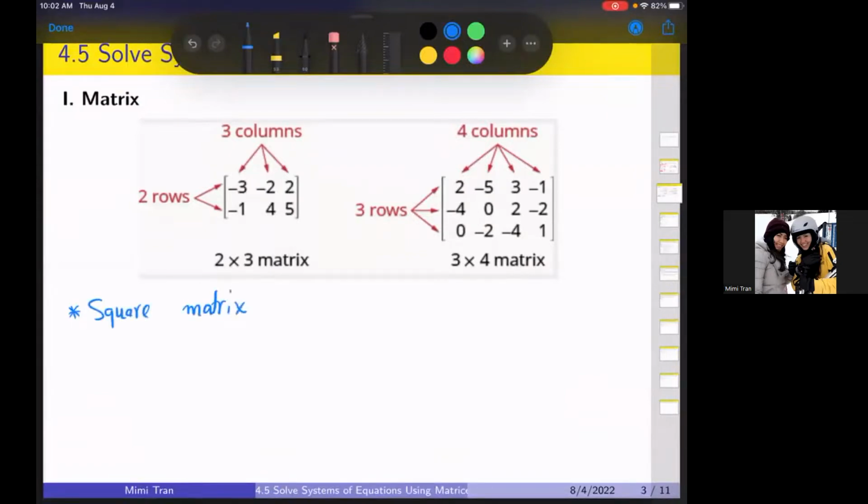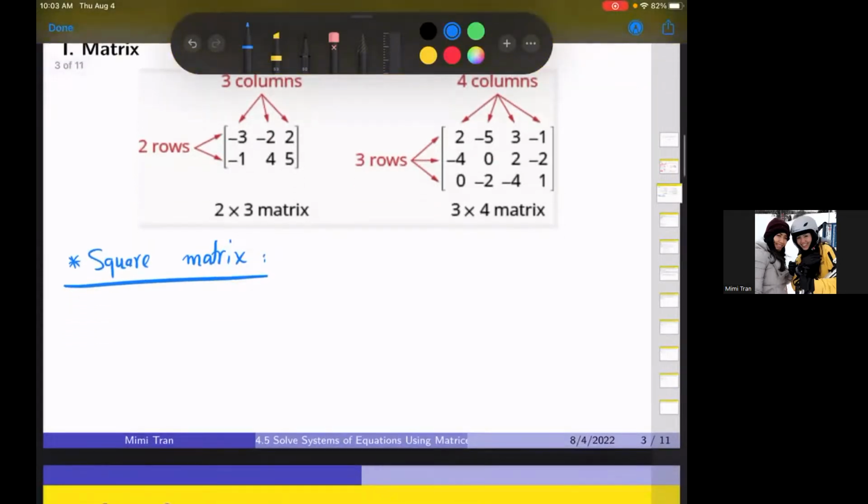If you have something that is not symmetric like these two, 2 by 3 and 3 by 4, usually you don't do much with them. But a square matrix is very helpful. A lot of properties of matrices require you to have a square matrix. What does square matrix mean? So let me give you an example. 3, 2, 9, 6, 7, 8, 1, 3, 2. How many rows? How many columns?